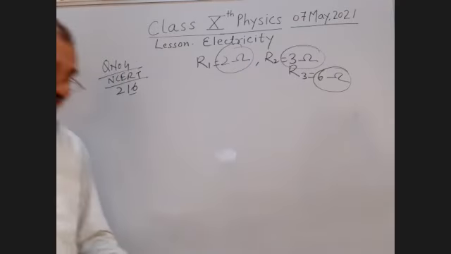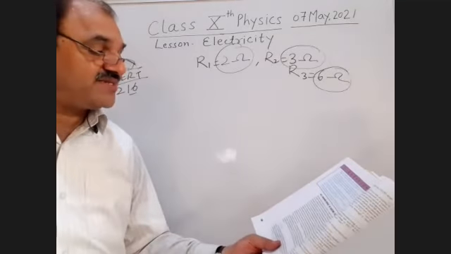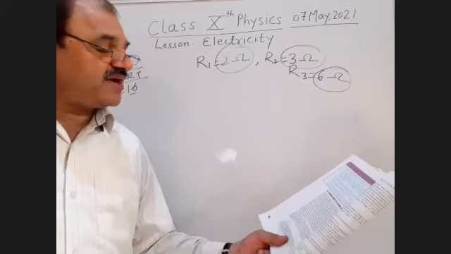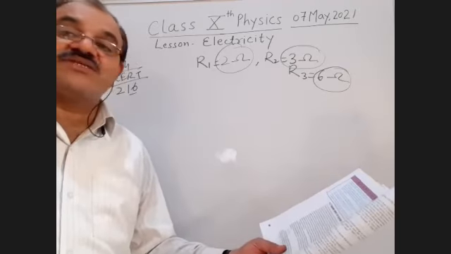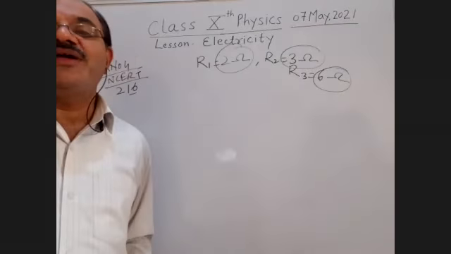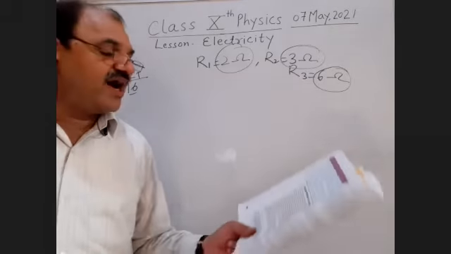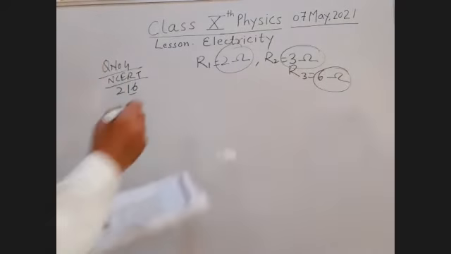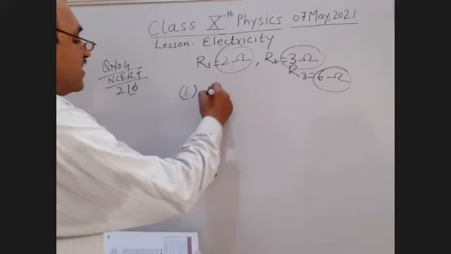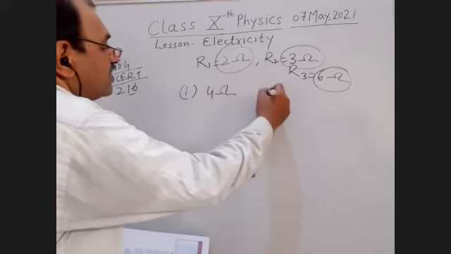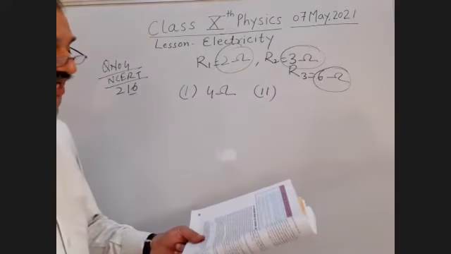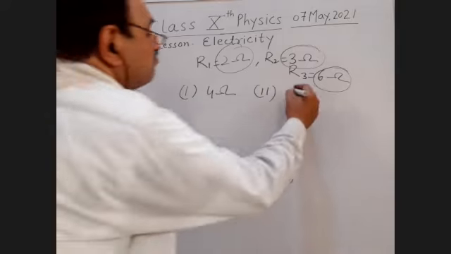Now, what is being asked in the statement? To be connected to give the total resistance of: we don't know how these resistances are connected. My first answer should be 4 ohm, and the second should be 1 ohm.